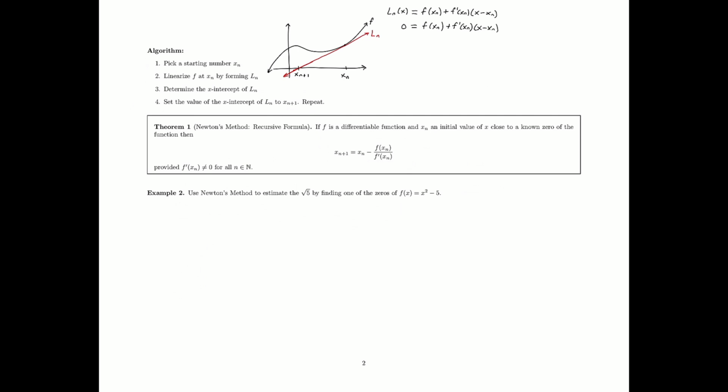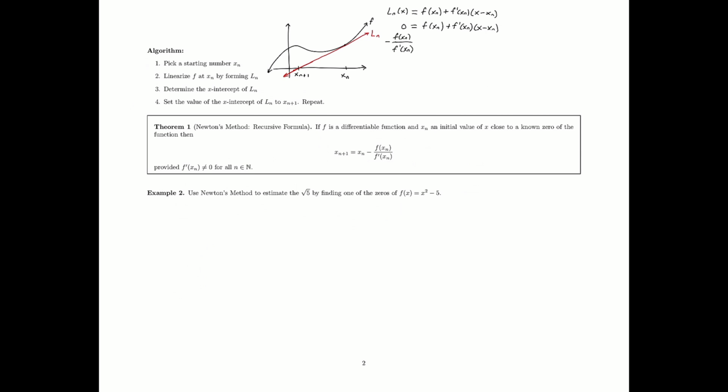So then if we begin and solve for this x value to see where it crosses, we will have negative f of x_n over f prime of x_n.